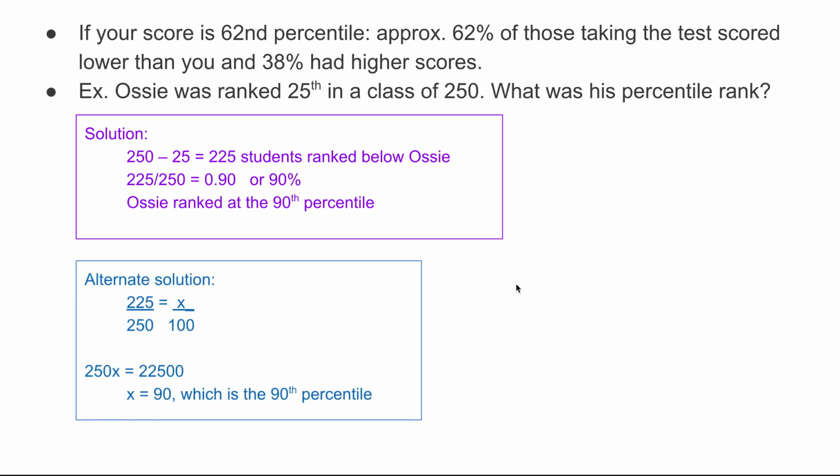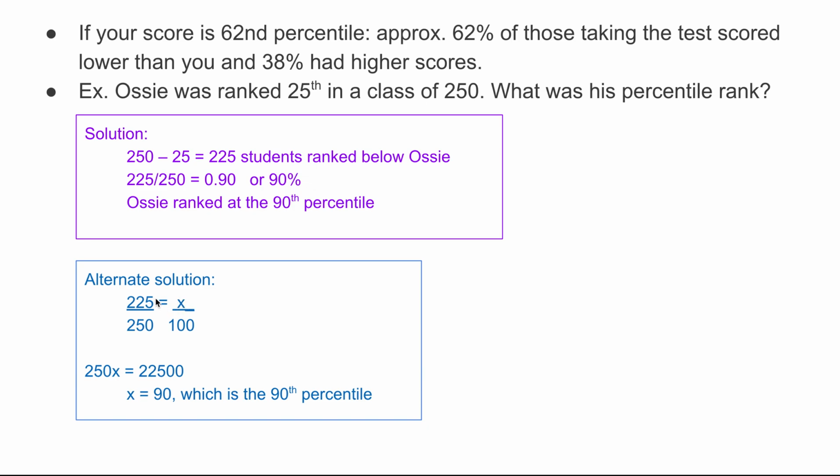Another way to solve this problem is this. You can do 225 over 250 using a proportion. That is the same as what percent in 100. Why did I put 100 here? Because I put the whole number here. The whole is 250, part is 225. And then what is my part in percent?